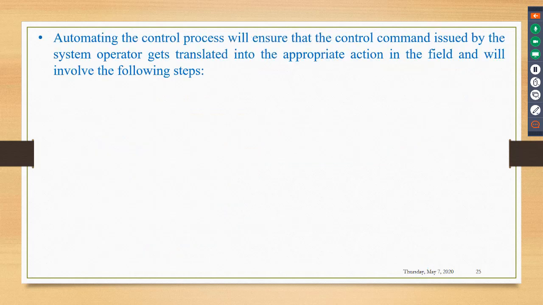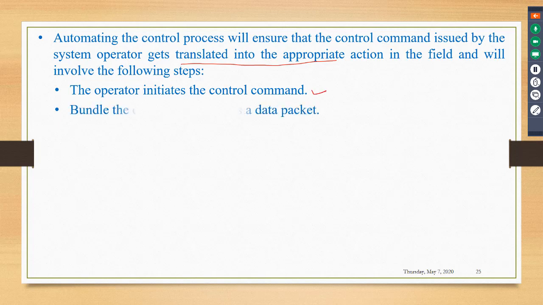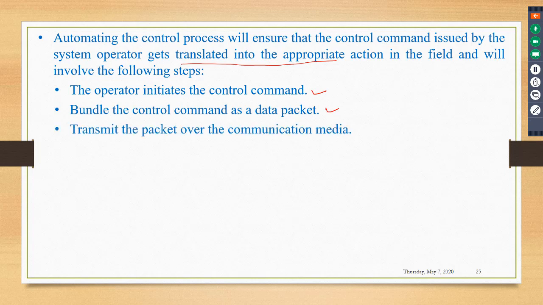Automating the control process will ensure that the control command issued by the system operator gets translated into appropriate action in the field, and will involve the following steps. The automatic control process will have the following steps. The operator initiates the control command, then the control command is bundled as a data packet, then the packet is transmitted over the communication media.